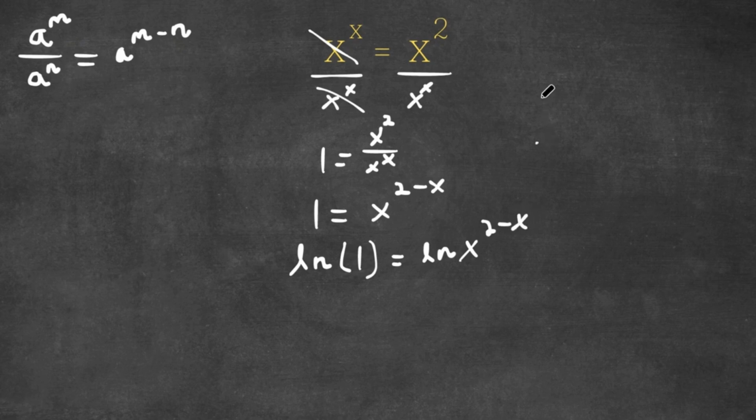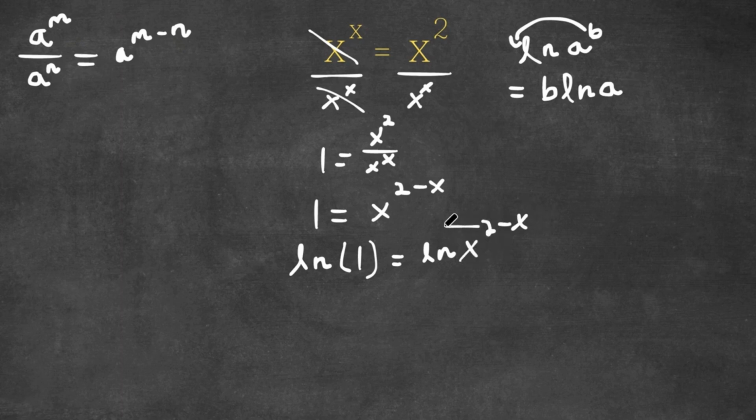Now, an important property of logarithms is that, let's say we have ln of a to the power of b. Then we can actually move this exponent b to the front of the logarithm. So this would be equal to b times ln a. So that's exactly what I'm going to do with ln x to the power of 2 minus x. I'm going to move the exponent 2 minus x to the front of the logarithm.